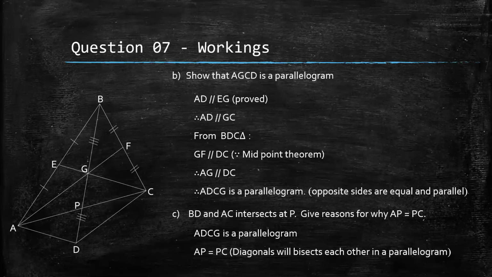Why? Diagonals bisect each other in a parallelogram. That's the basic reason, again a characteristic of a parallelogram. You need to know all the characteristics of the parallelogram to get this sum done. If you know this, these are very simple.